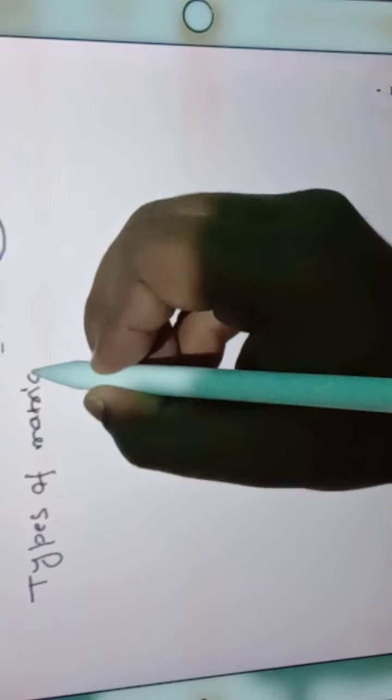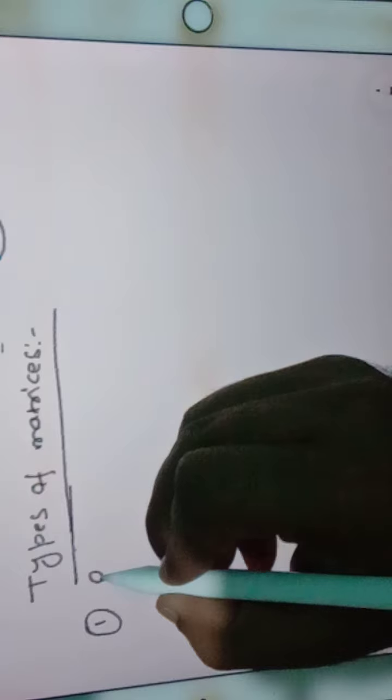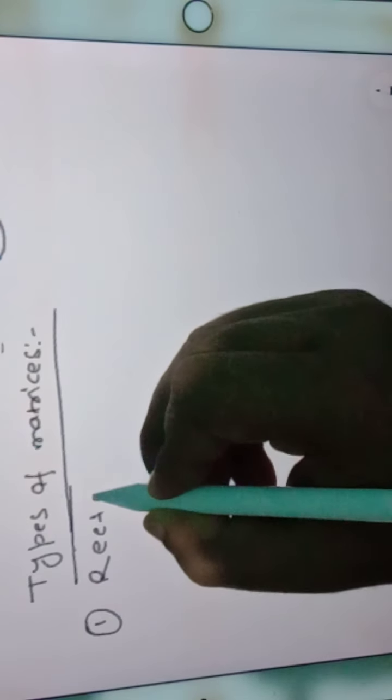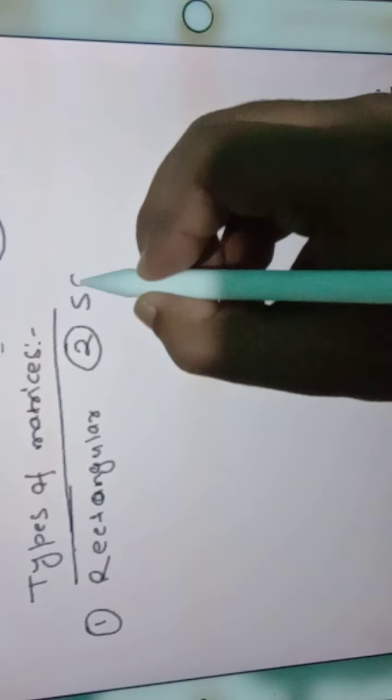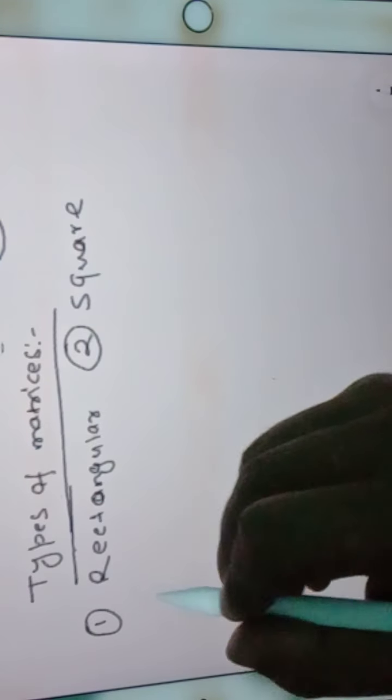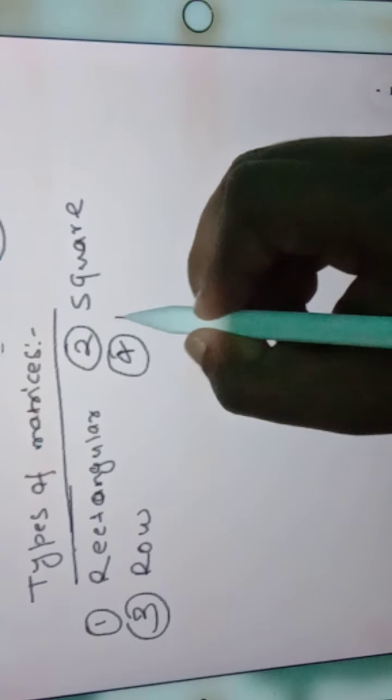Okay, now going to the next one, that is types of matrices. The first one is rectangular, second one square matrix, third one row, and fourth one column.